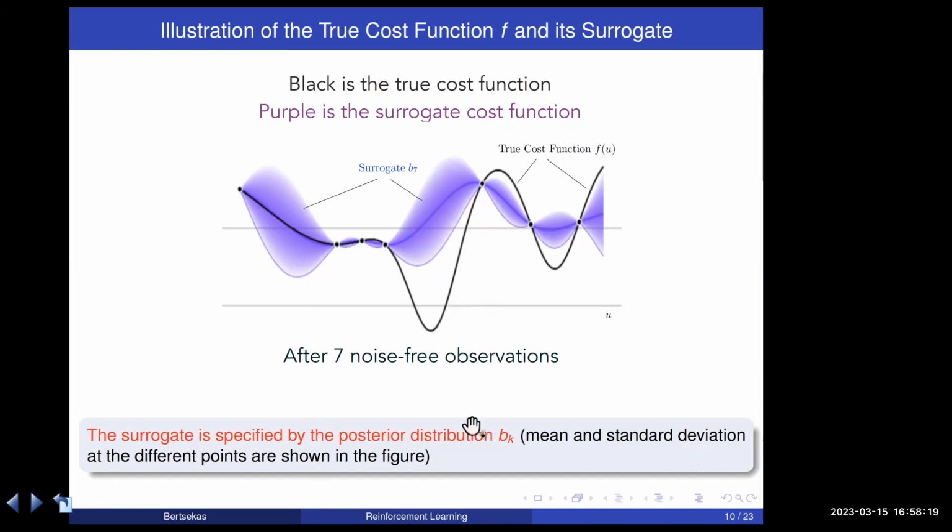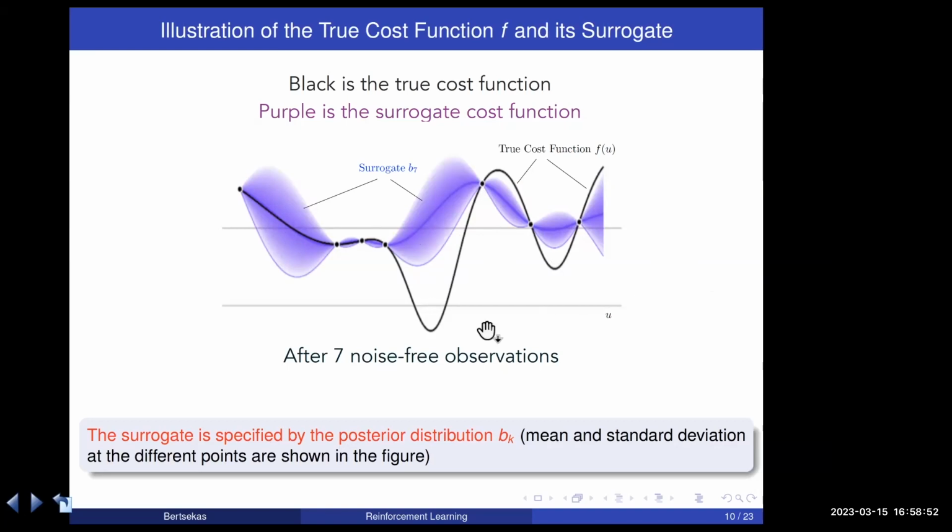So what are the observations here? There are 7 observations, 1, 2, 3, 4, 5, 6, 7. And the observations are noise-free, which means that they give us the exact value of the black function, right? However, at other points, there is uncertainty. And over here, there's a lot of uncertainty, similarly over here. And okay, so Bayesian optimization, we want to take some more measurements.